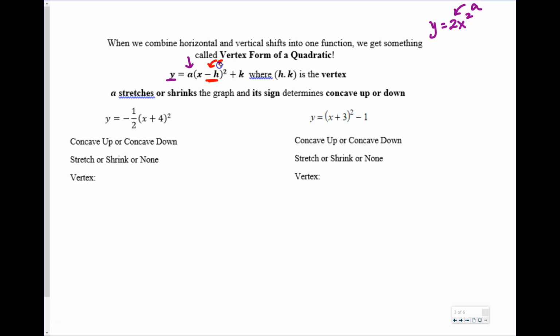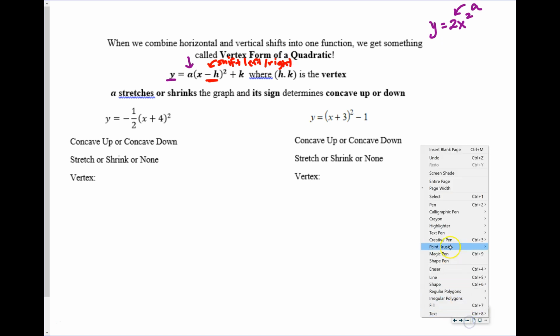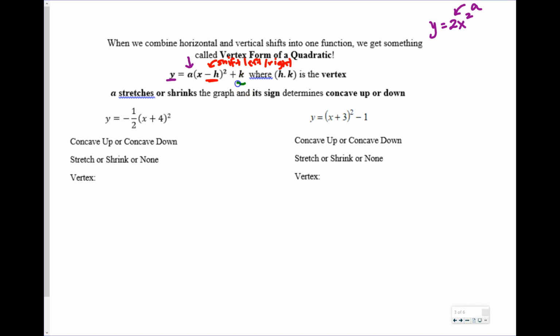That is a shift left and right. And then if we have a number on the outside, this plus a number here, that is a shift up and down. So when we put this all together, it makes a really cool equation that can help us get a lot of information without actually having to graph anything.